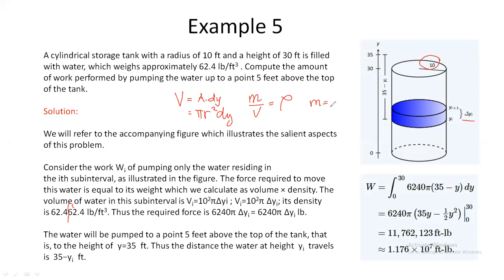So in terms of mass, you will have the density times the volume. If this volume, which is 10 squared, which is 100 pi, you multiply it with 62.4, you will have 6,240 pi delta yi pounds.